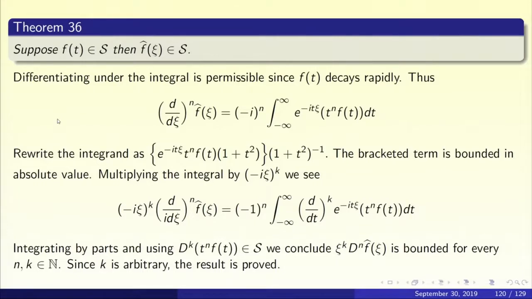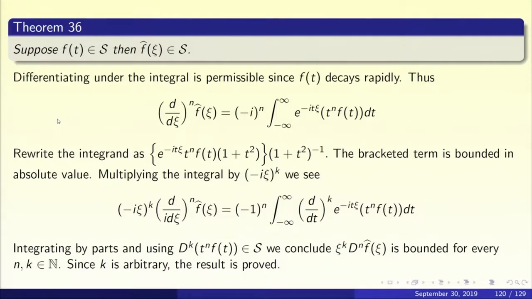The derivative falls on the exponential factor, and you get a minus i which comes out, and the t can be clubbed with f of t, and you get e to the power minus i chi t into t times f of t. But remember, f is in the Schwartz space, so t times f of t is also in the Schwartz space. So everything goes through. So the derivative d by d chi of f hat of chi is minus i times the Fourier transform of t f of t.